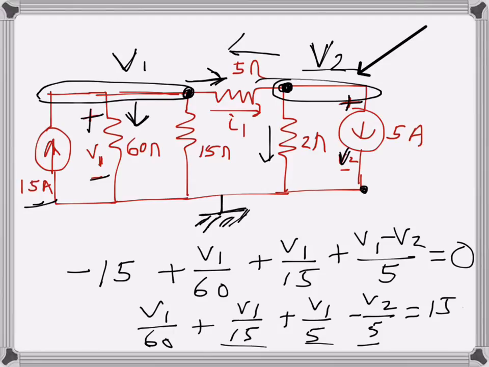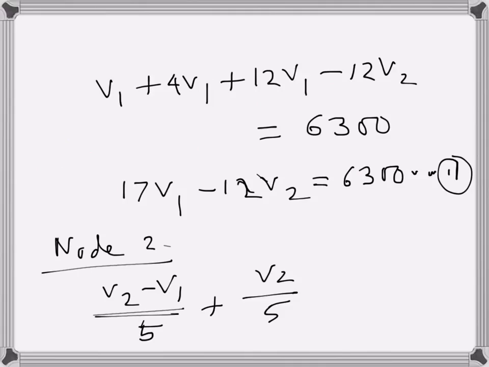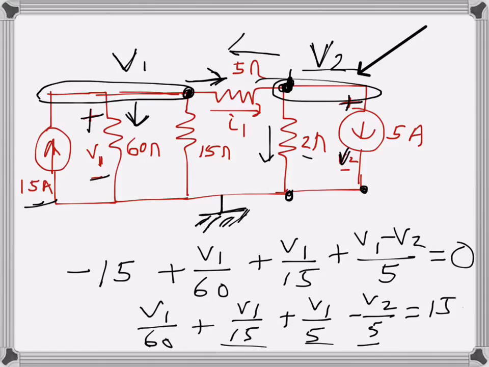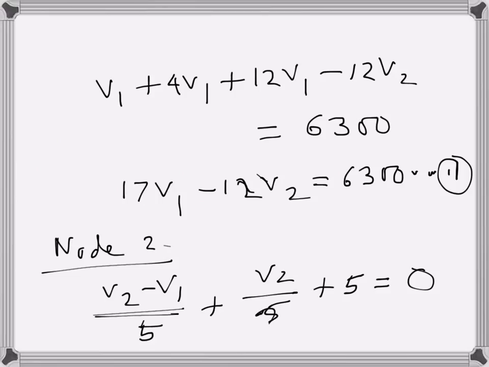This one is 0, the ground, so V2 over 2, and then finally the current source is also outgoing, so plus 5. This resistance is 2 ohms, so this should be 2, sorry.